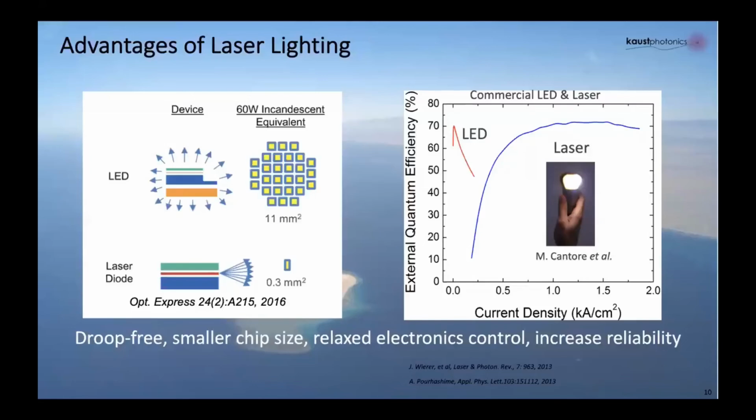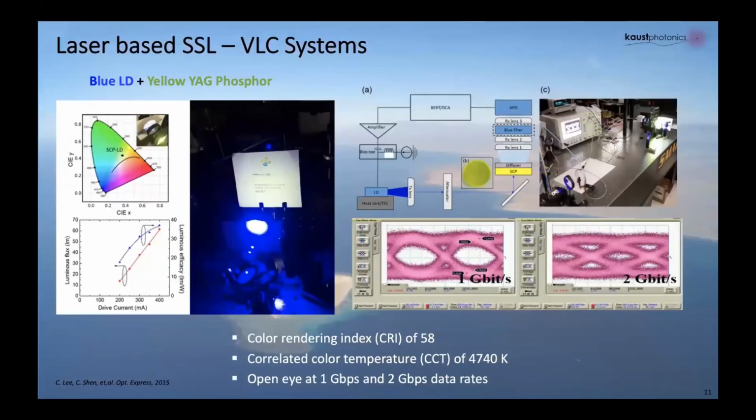You will see a drop in the efficiency, meaning the device is not efficient at converting the injected energy, and a lot of it goes into heat. As for the semiconductor laser, we do not see that trend. We still see a constant EQE at high injection. That's another reason why, under high injection, a laser gives you more light and operates in a much more efficient manner compared to an LED.